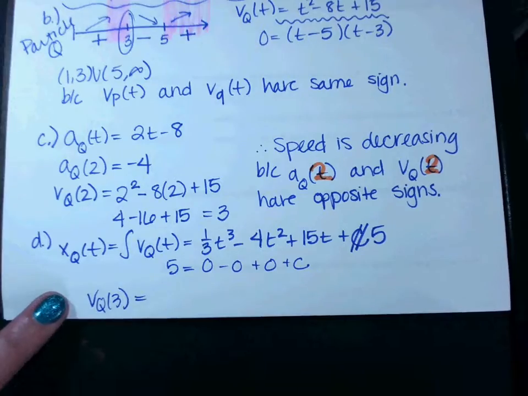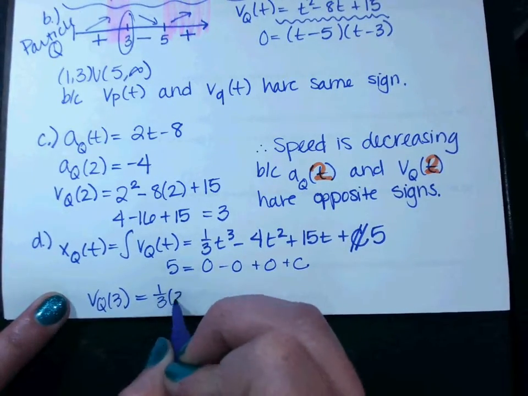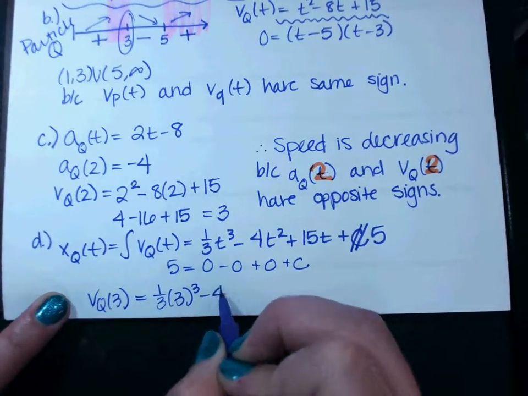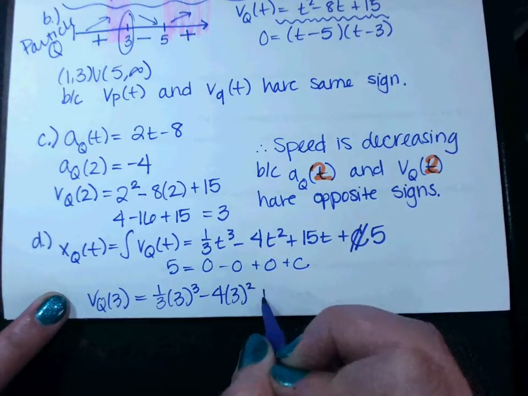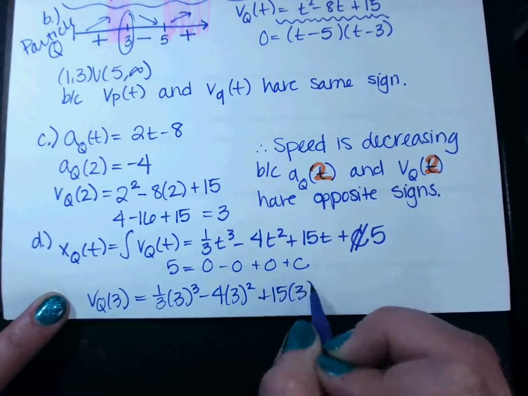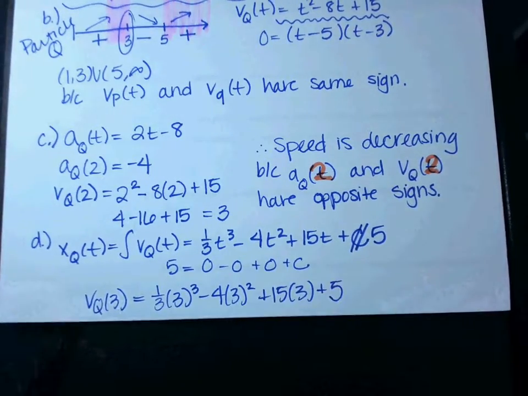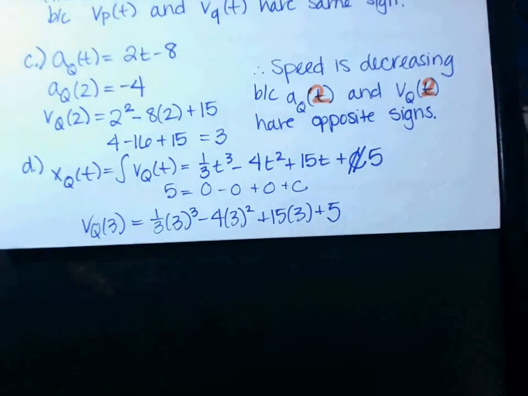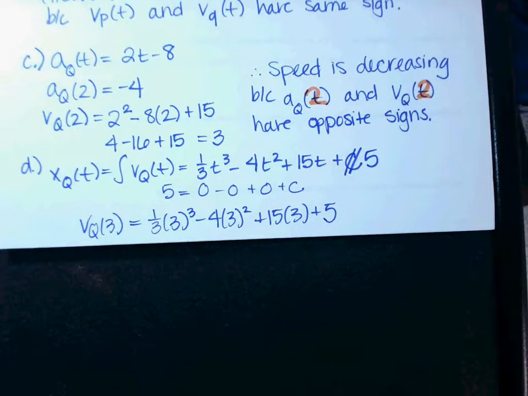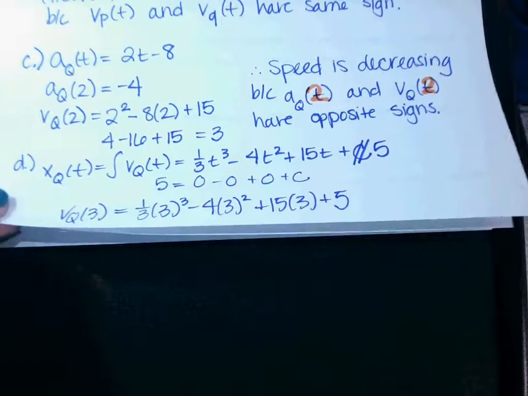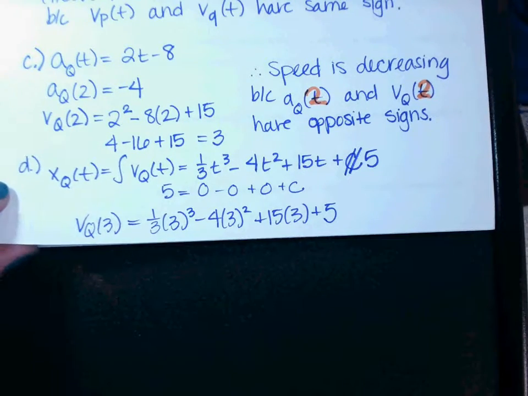You just have to plug it in. So it'd be 1/3 of 3 cubed minus 4 times 3 squared plus 15 times 3 plus 5. And then you leave it alone. Unless there's multiple choice or something, you should not simplify that all the way through. Okay? Now remember all this junk? Good. Okay, go to the next one.